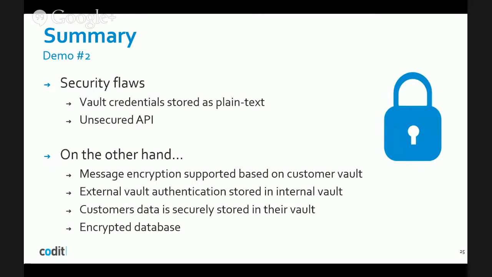Also, the external vault authentication was stored in my internal vault and no longer in my database. And the data is securely stored in their vaults, and they have a log of what I'm doing. And the database was encrypted.